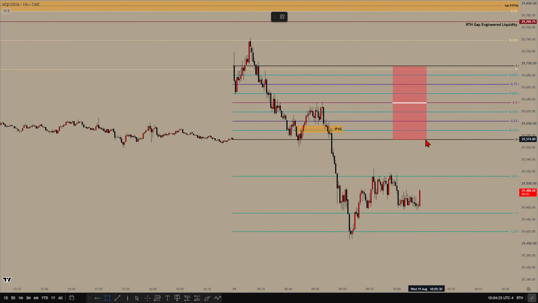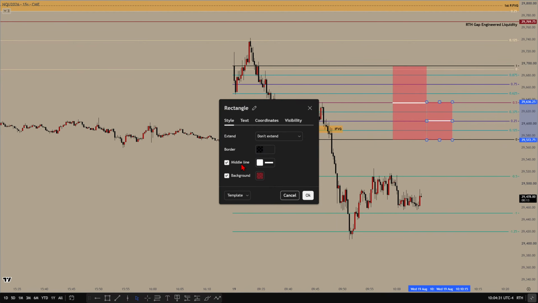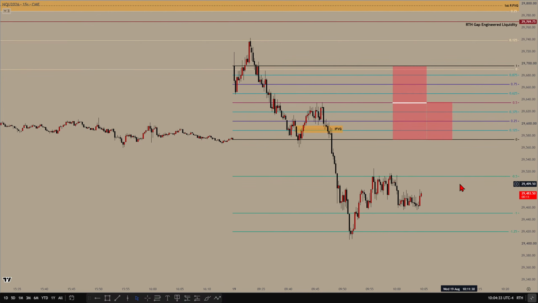If I do a box that's about half that size, you can see that this 0.5 level is half that box away from price. You can see that roughly, as I drew it kind of roughly. And then this one standard deviation is another 50%, another box. This 1.25 is half of this, so half of this is like there.